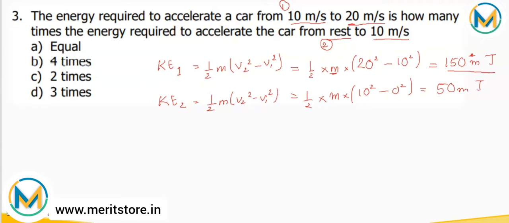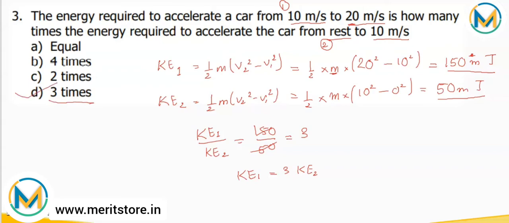So we get the kinetic energy for the first condition and for the second condition. Now we relate these two: kinetic energy for the first condition upon kinetic energy for the second condition is 150 upon 50, and the fraction comes out to be 3. So kinetic energy 1 is equal to 3 times kinetic energy for the second condition. So it's 3 times. The correct answer among the given options is option D.